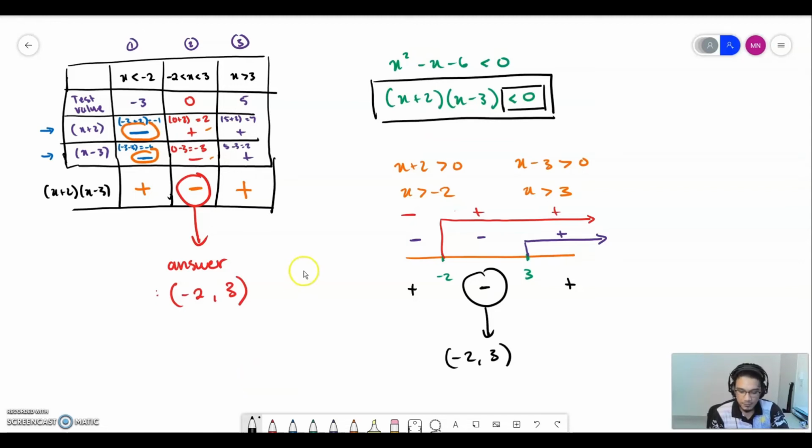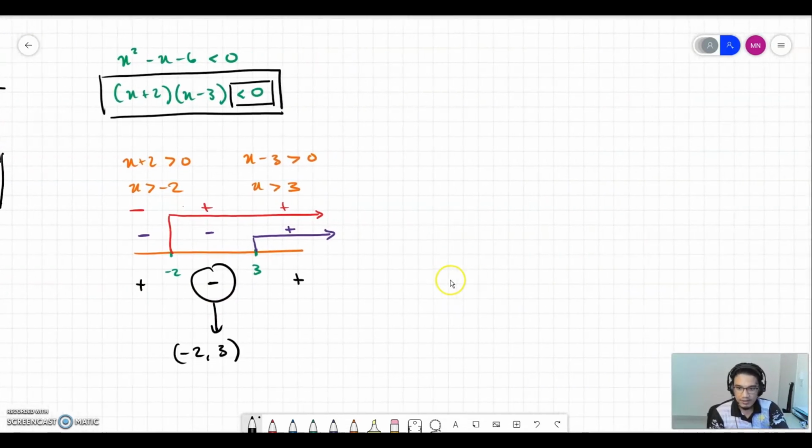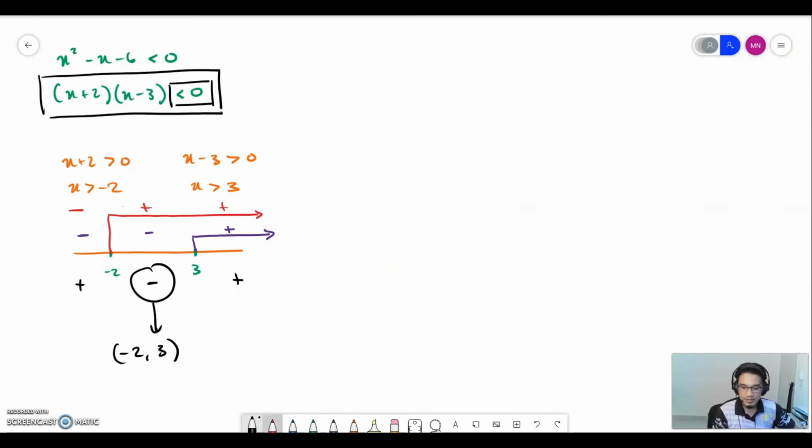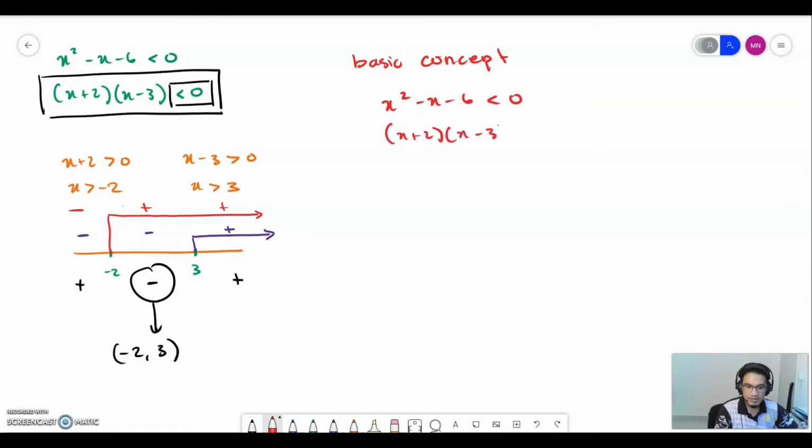Okay, now we go to the third method, which is called the basic concept. Okay, this is the basic concept. The same equation, x squared minus x minus 6 less than 0. We factorize: x plus 2, x minus 3 less than 0. For this basic concept, you have to flash back to the theorem that I told you at the early part of this video.